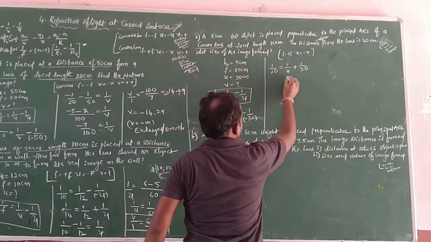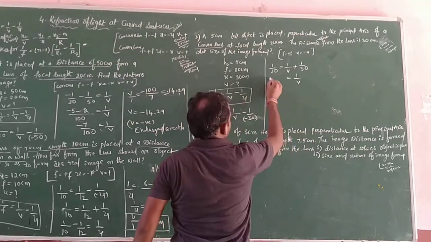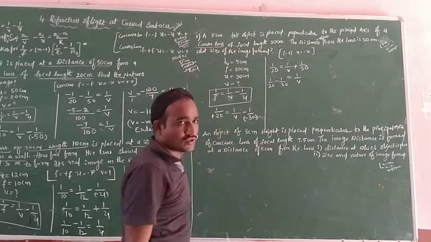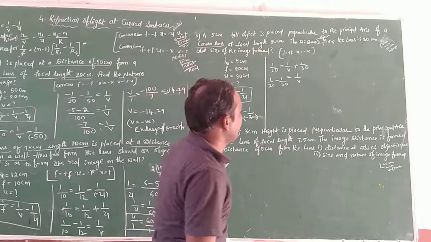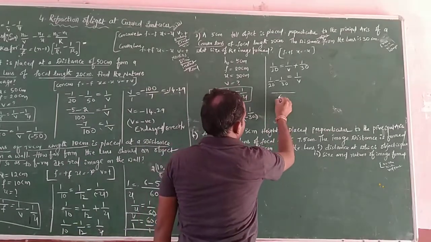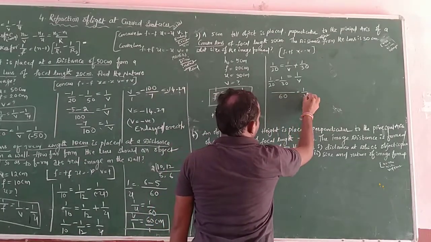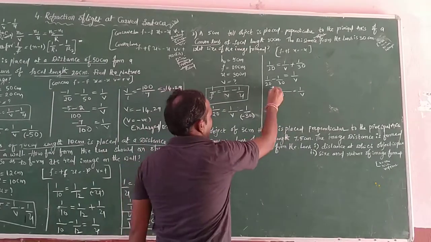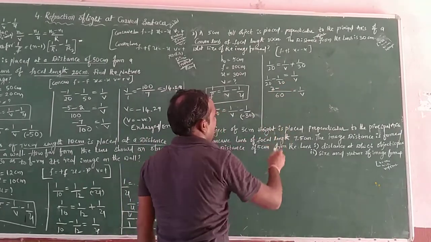We take the 1/30 value to the left side: 1/20 minus 1/30. Here the LCM is 60 and it equals 1/v. 20 goes into 60 three times, and 30 goes into 60 two times.